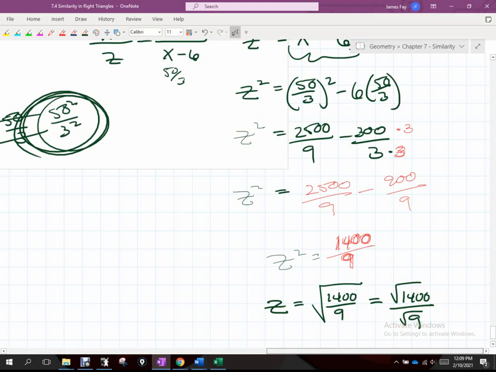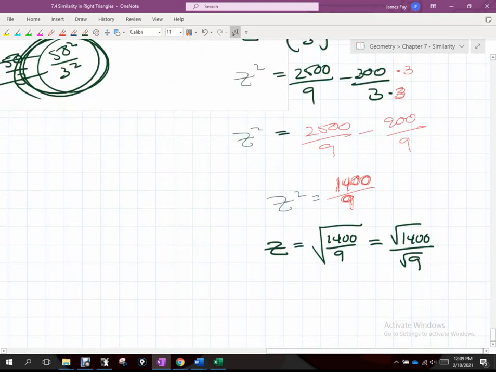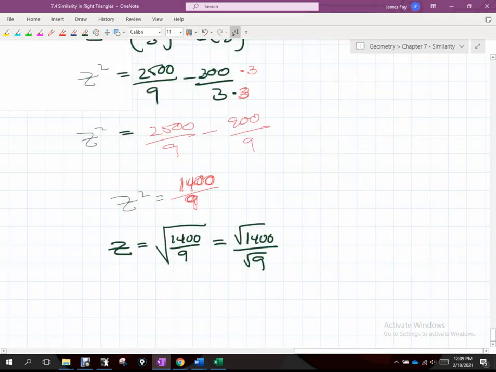Does anybody know two numbers that multiply together give me 1,400? Doesn't 14 times 100 give me 1,400?